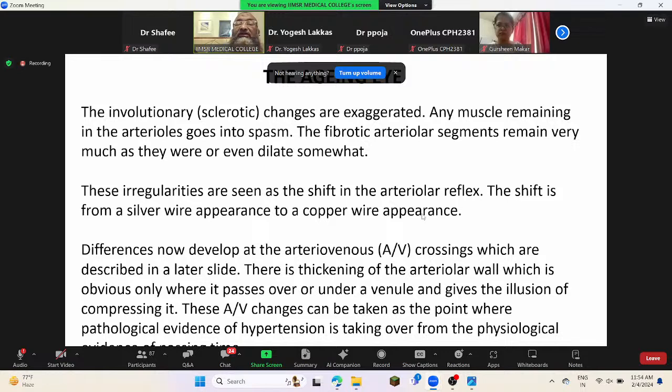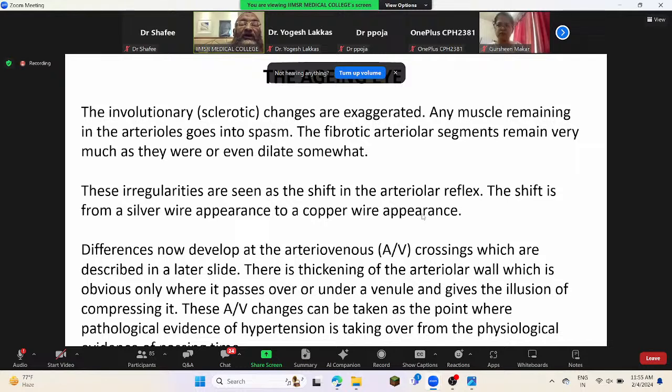the involutionary, that is sclerotic, changes are exaggerated. Any muscle remaining in the arterioles goes into spasm. The fibrotic arterial segments remain very much as they were or even dilate somewhat. These irregularities are seen as the shift in the arterial reflex. That is, the arterial reflex, as mentioned above, which is seen as a white streak, now becomes somewhat broadened. The shift is from a silver wire appearance to a copper wire appearance.